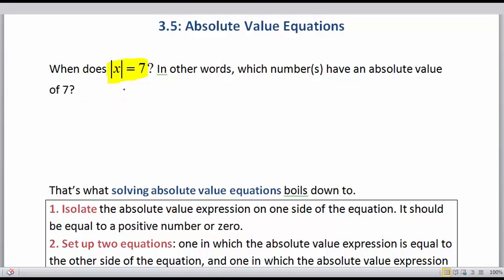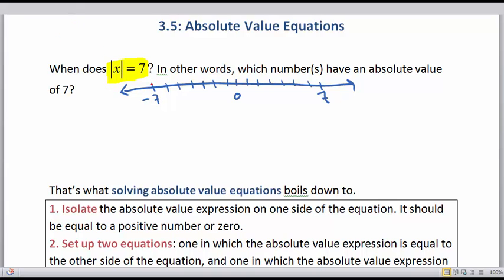And if you recall, probably the first definition of absolute value that you ever got is that absolute value was the distance of a number from 0. So in other words, what this equation is asking is which numbers, plural, because there's going to be more than one, are 7 units away from 0. Well, it just makes sense that if you go 7 units to the right, you're 7 units from 0, or if you go 7 units to the left, you're 7 units from 0.